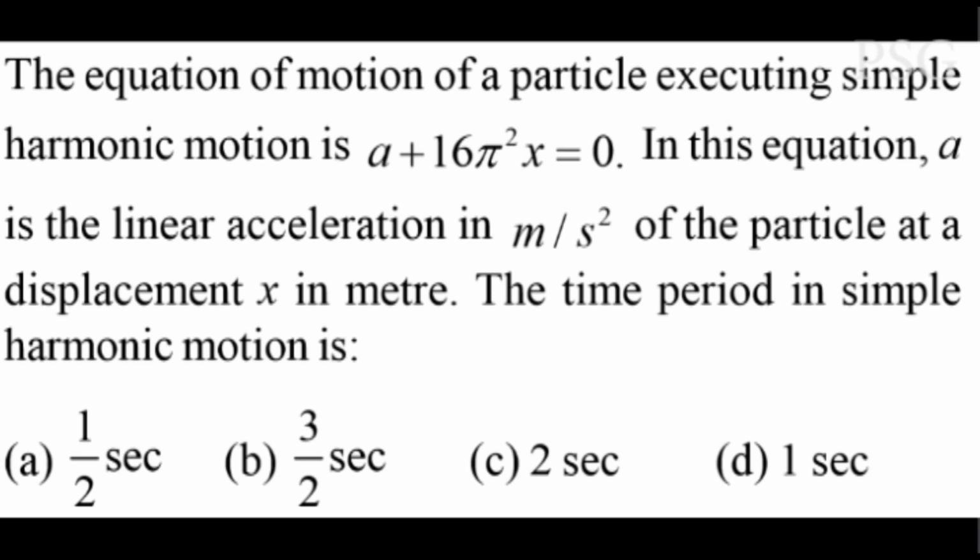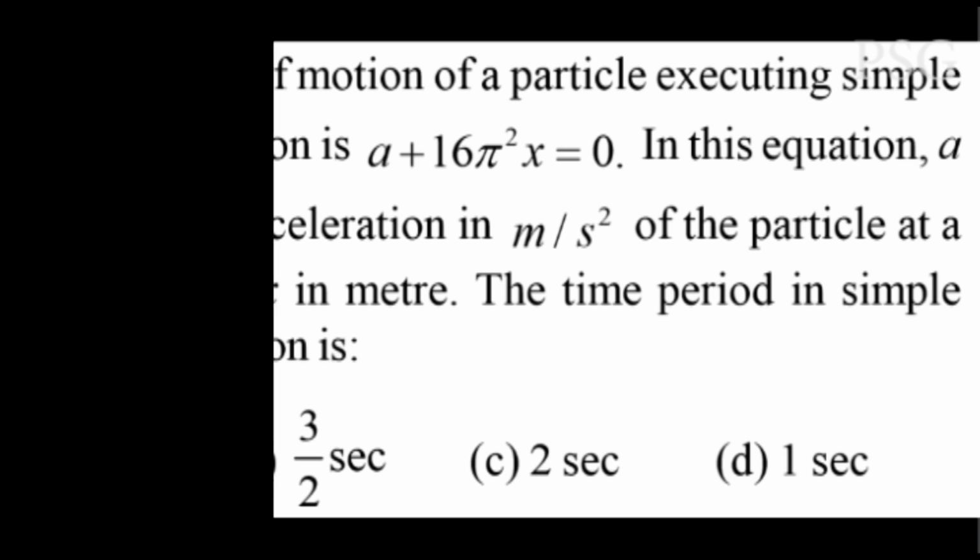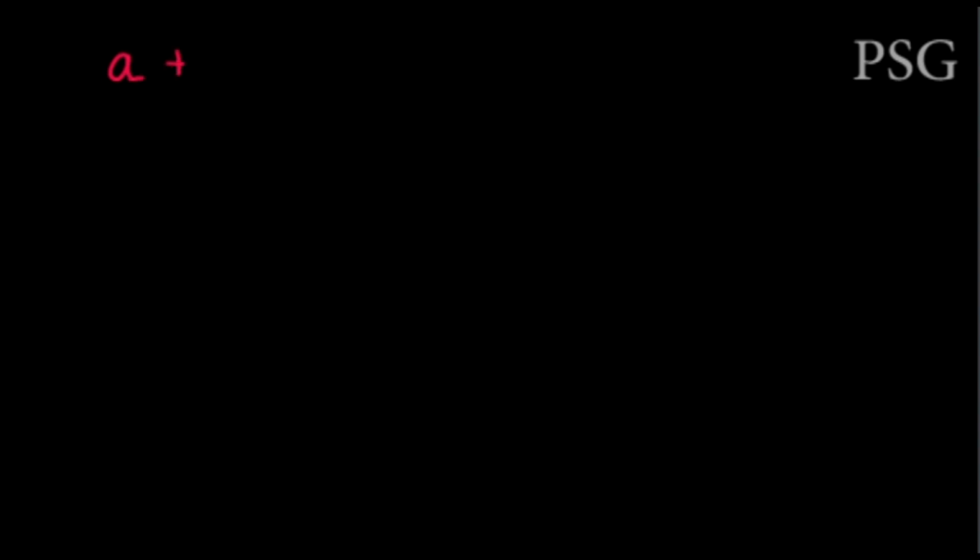so it is given that the equation of motion for an oscillatory motion is a plus 16 pi squared into x is equal to 0. This is the equation of motion for that oscillatory motion.